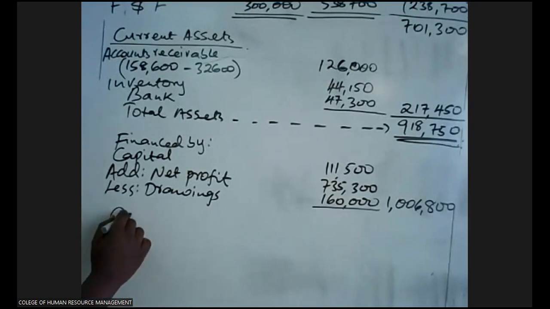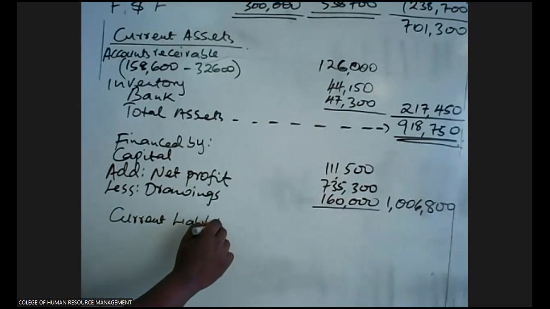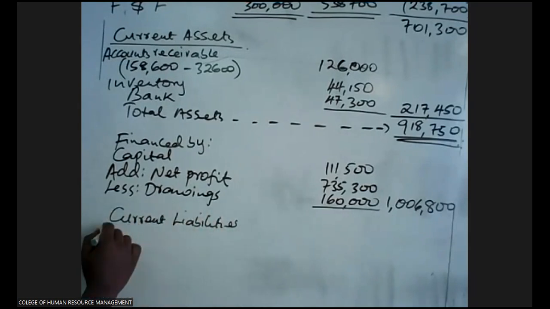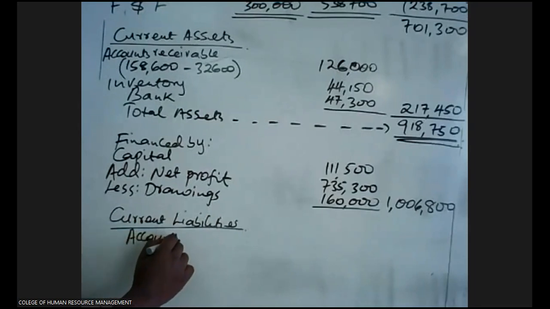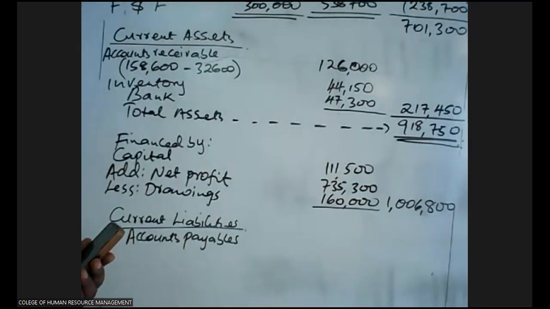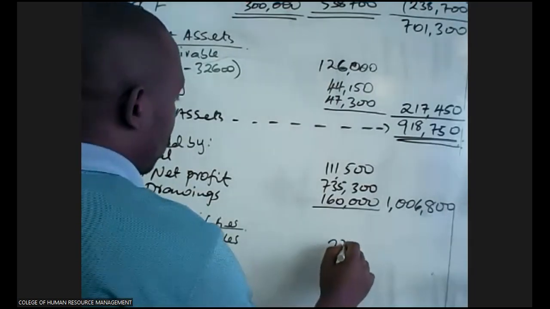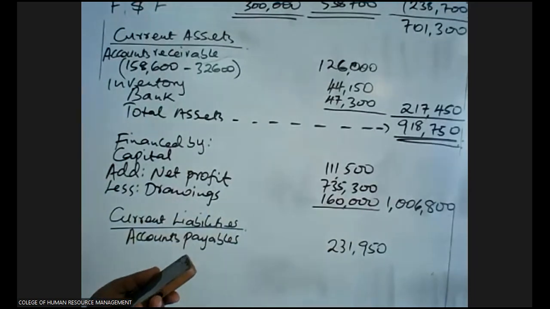So we just capture now the current liabilities. Accounts payable. How much do we owe the suppliers? So that's 1,950. Do we have any other? Actually, it is like the only one.